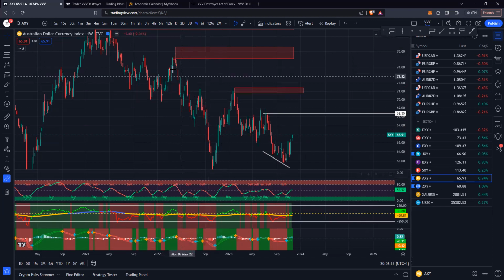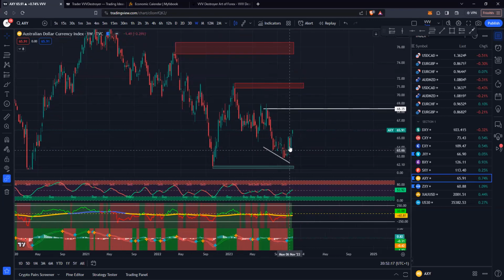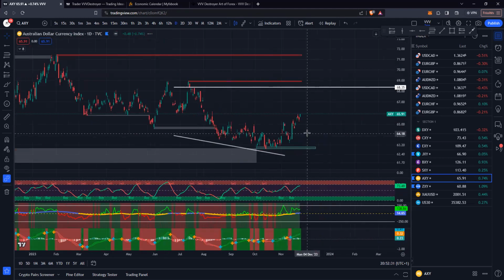And after that, you can see a bigger move to the downside. Okay. So this is in because we are still under the zero line. We see the momentum is forming bullish right now. Yes, but we are still under the zero line.